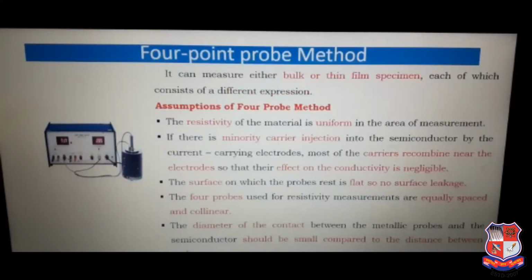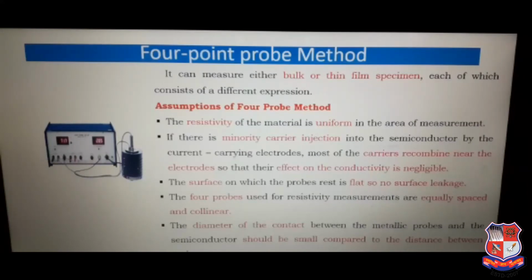4-point probe method. It can be measured either for bulk or thin film specimen, each of which consists of a different expression. There are a few assumptions of this 4-probe method. We are going to see them one by one. The resistivity of the material is supposed to be uniform in the area of measurement.